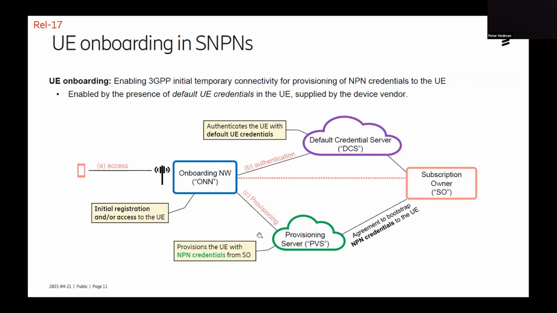Then the provisioning of these non-public network credentials is enabled. There can be a subscription owner who has created a subscription and these credentials, and these are then provided to the device. Afterwards, it goes and selects a network using the NPN credentials that have been provisioned to the device, to the UE.